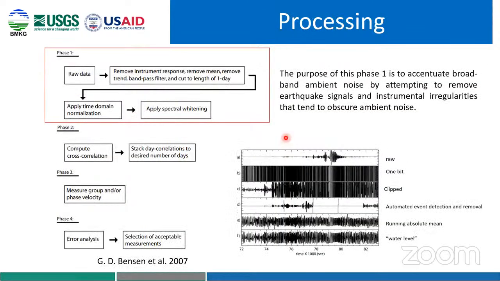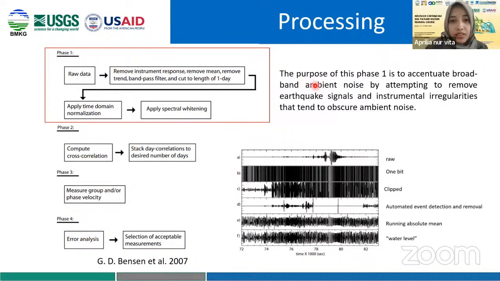What about the processing? We follow Bensen et al. 2007 as a guide for processing ambient noise data. It is mainly divided into four phases. Phase 1 has the purpose of removing earthquake signals and instrument irregularities that tend to obscure ambient noise.